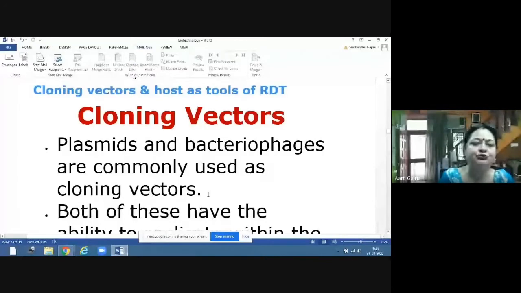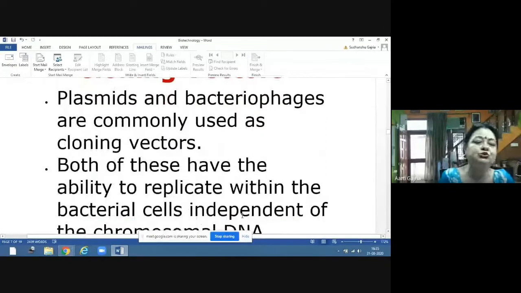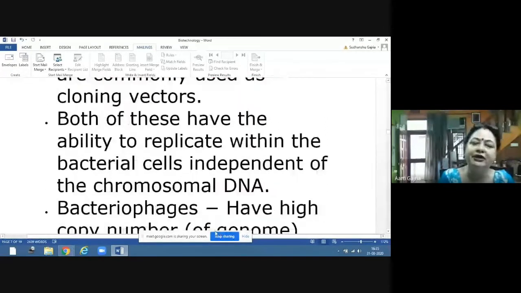So they are commonly used cloning vectors because they both have the ability to replicate within the bacterial cell independent of the chromosomal DNA. So they are not depending on the chromosomal DNA. Independent of the chromosomal DNA, they have the ability to replicate or make the copies.